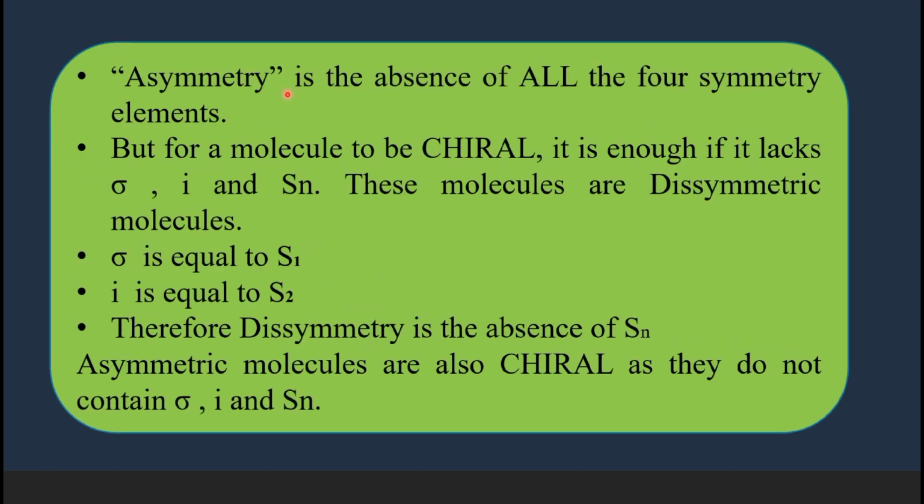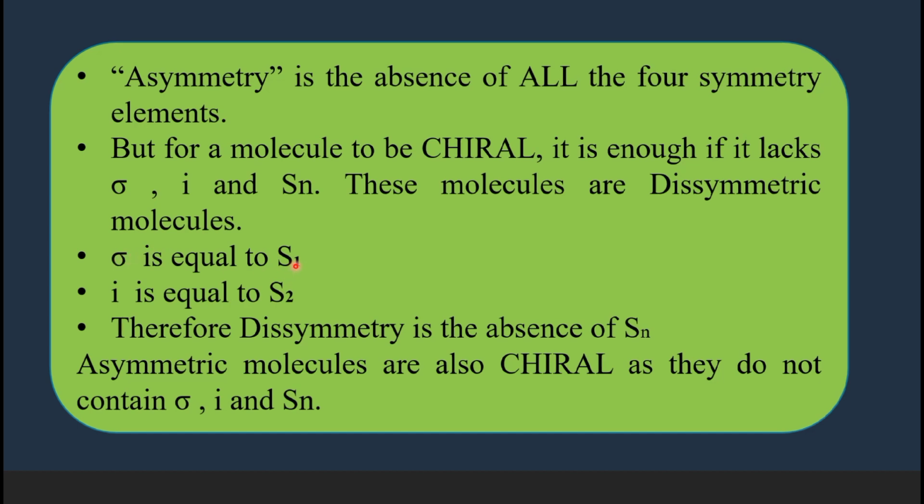Therefore, asymmetry is the absence of all the four symmetry elements. We don't expect an asymmetry in the molecule. It's enough if the molecule is having dissymmetry, which means it should not have the symmetry elements sigma, I and Sn. Now, the plane of symmetry sigma is equal to S1.